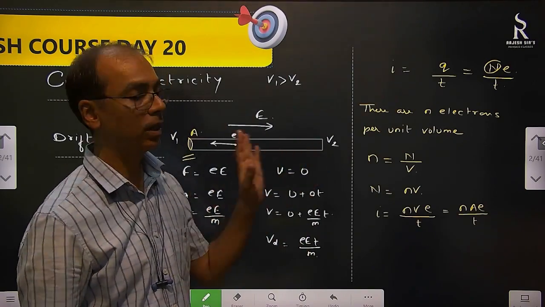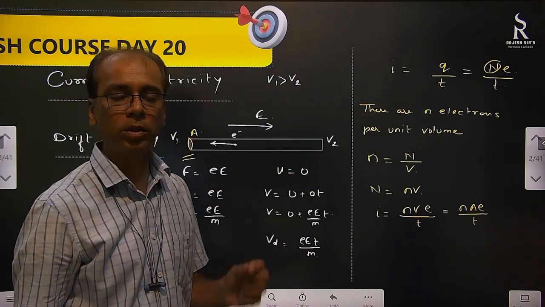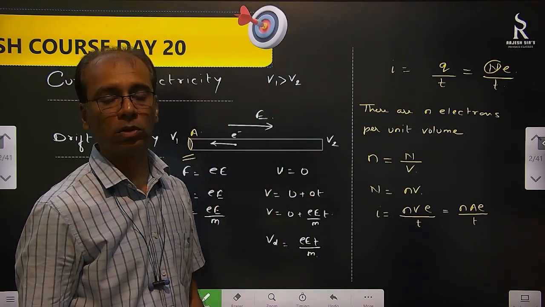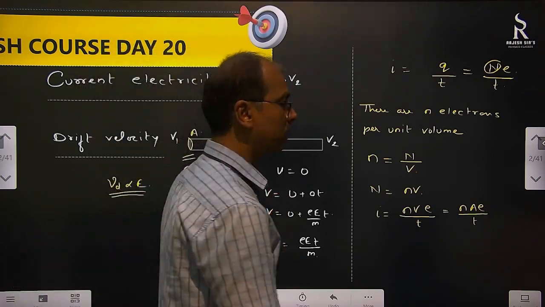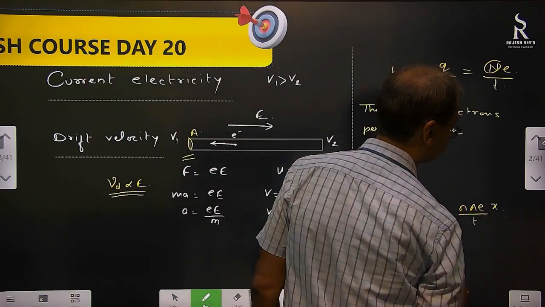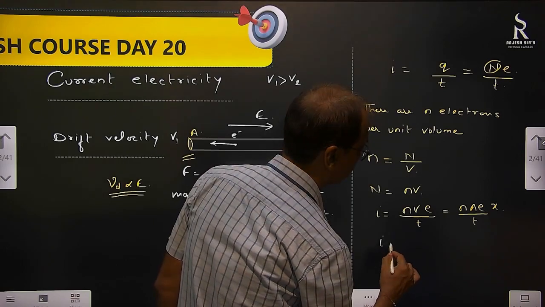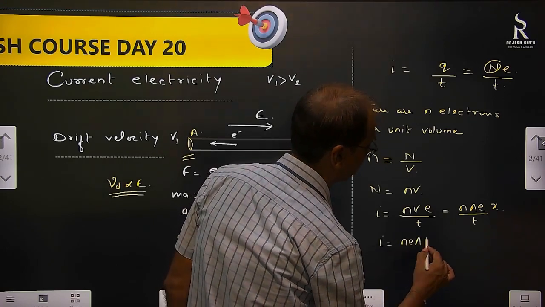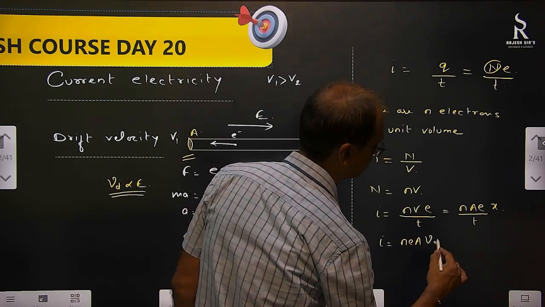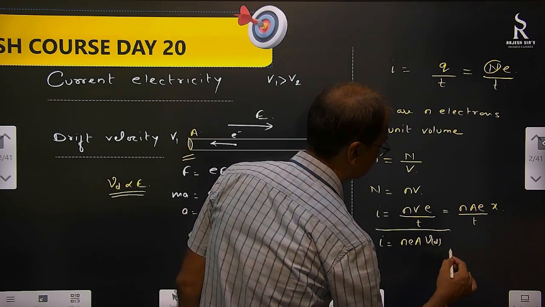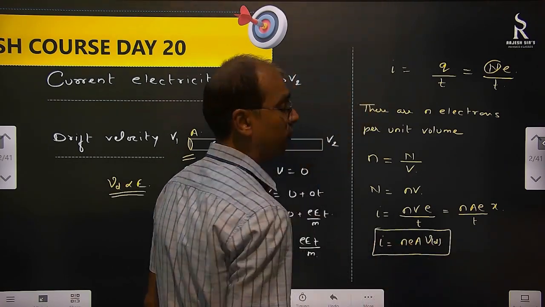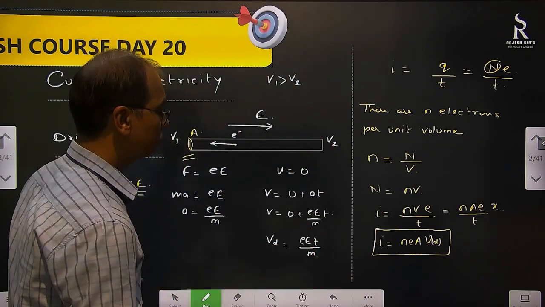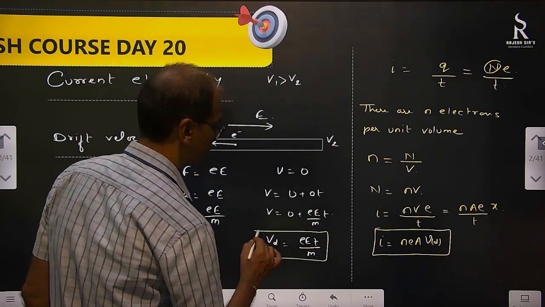Volume doesn't mean the total length of this one I am going to take, because electron is moving very little. So how much it has moved? Suppose x. So we can write this as I equal to neAx by t. x by t will be called as drift velocity. So I is equal to neAvd. Very, very important relation. This is also important and this is also important.